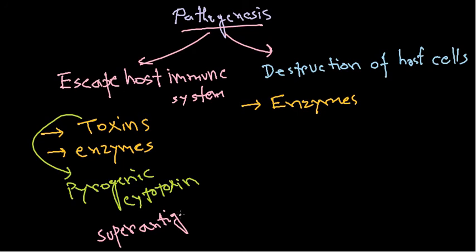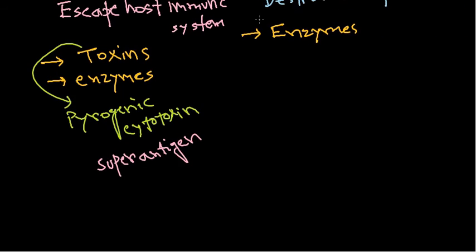And it is going to activate more and more T cells, as well as produce more and more cytokines, right? So as a result, it will eventually trigger the immune response.